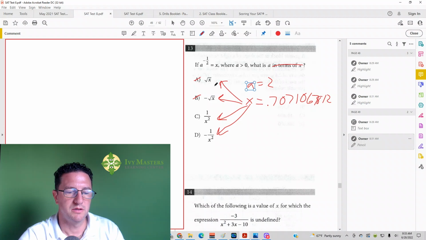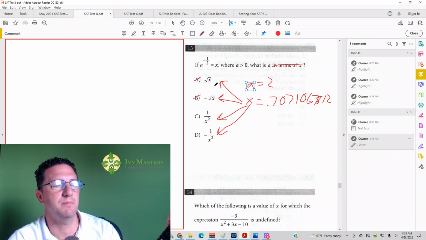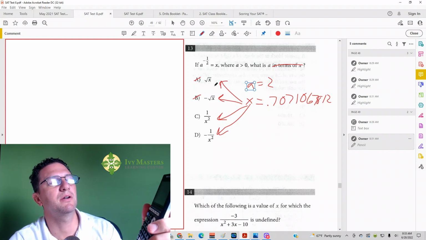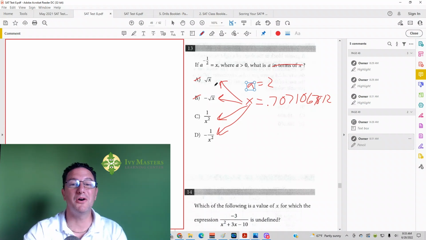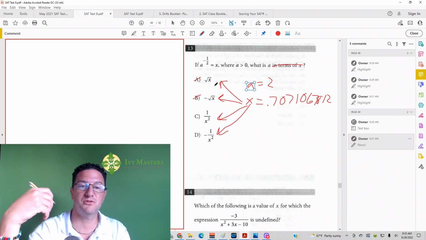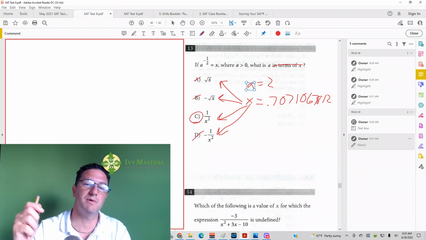I'm just going to type it in, and you don't even have to go nuts. If I just put 0.7 and then x squared, it should be about 2. It may not be perfect. And when I hit enter, I get 2.04 and so on. That's really close, and that's not going to be answer choice D because that's going to be the same thing but negative. So C is my answer for that reason.